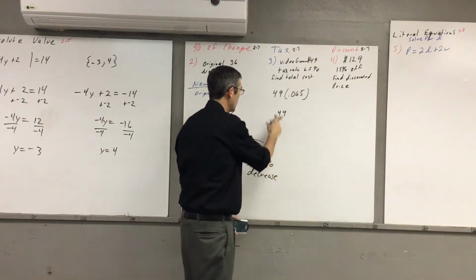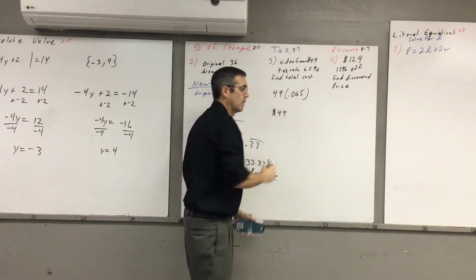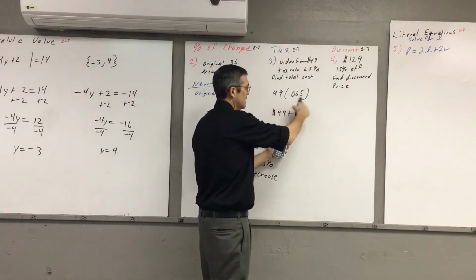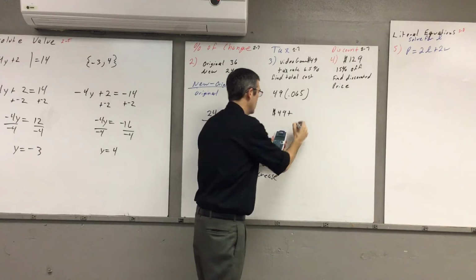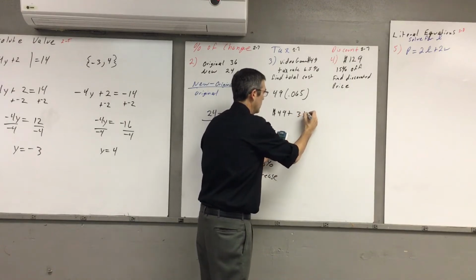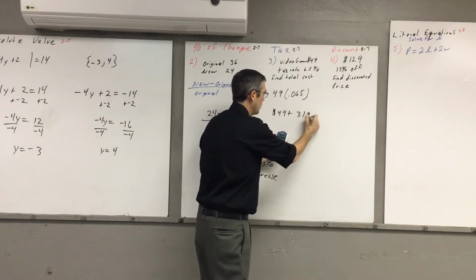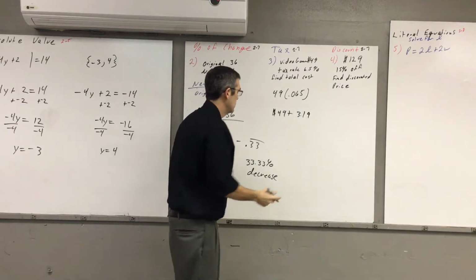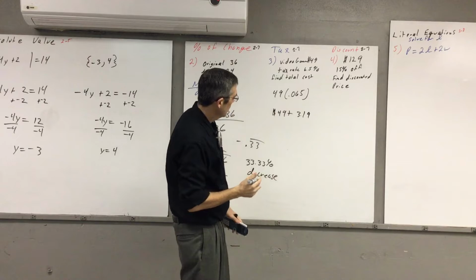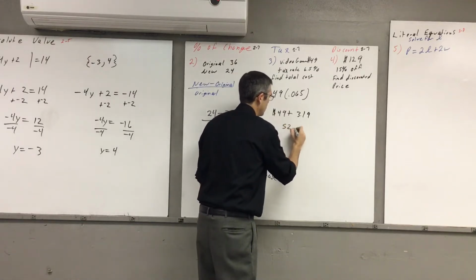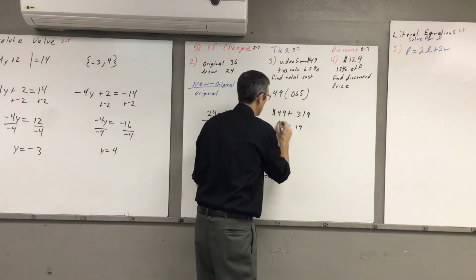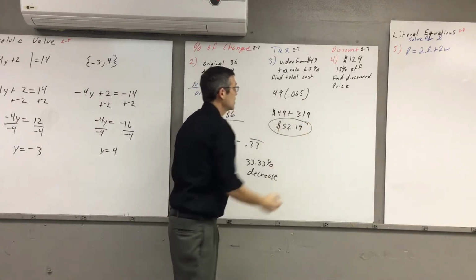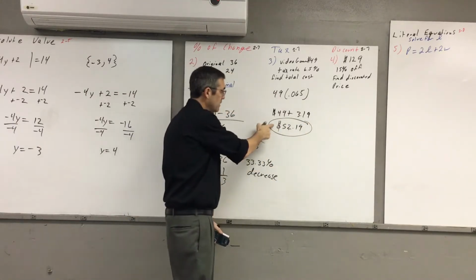So the original number was $49 plus the tax that came out of this, which was 3.185. We round it because it's money. So add those together and you get 52.19. That's the total cost. That's how much it was.